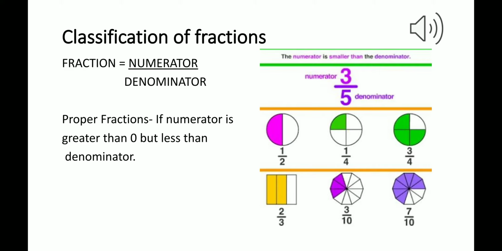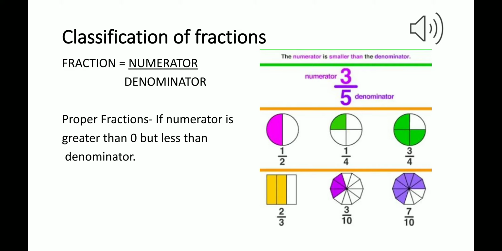For example, you can see here the first one is a proper fraction, 1 by 2. Denominator is 2, numerator is 1, numerator is less than 2 and not 0, not equal to 2, therefore a proper fraction. Then 1 by 4, the same. 3 by 4 also, 3 is less than 4, 3 is neither equal to 0 nor equal to 4, so 3 by 4 is a proper fraction.